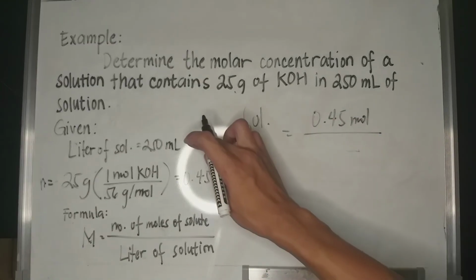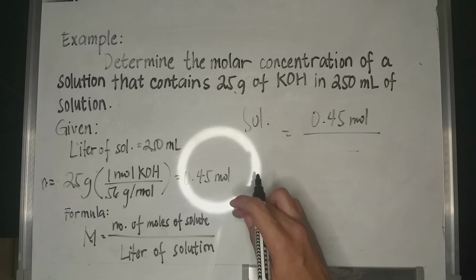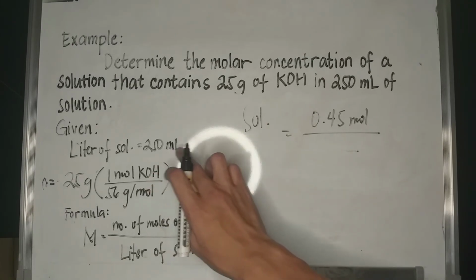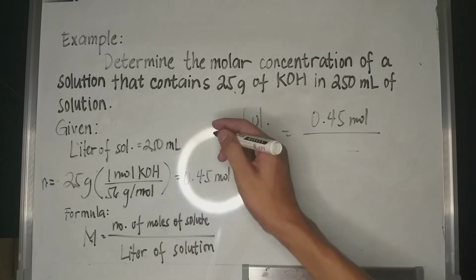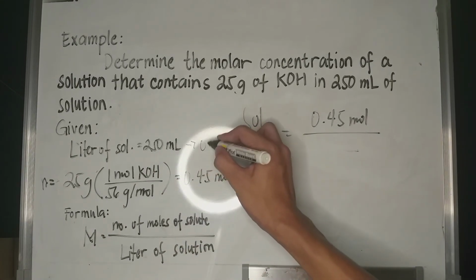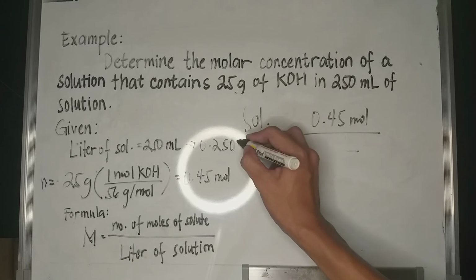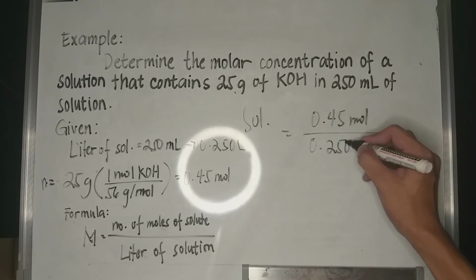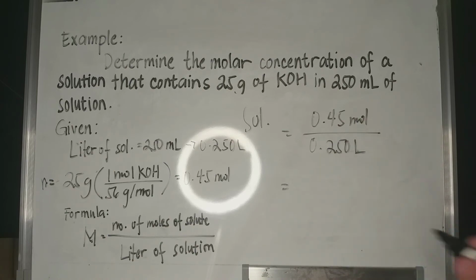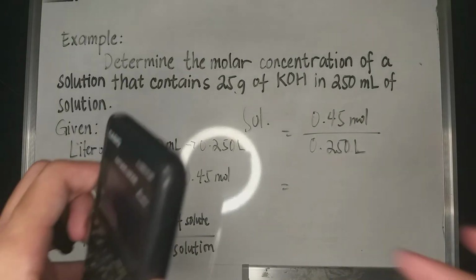But, the given is in ml. So, now, let's convert the ml to liters or milliliters to liters. So, 250 divided by 1,000 equals 0.250 liters. So, 0.250 liters. So, let's use the calculator.